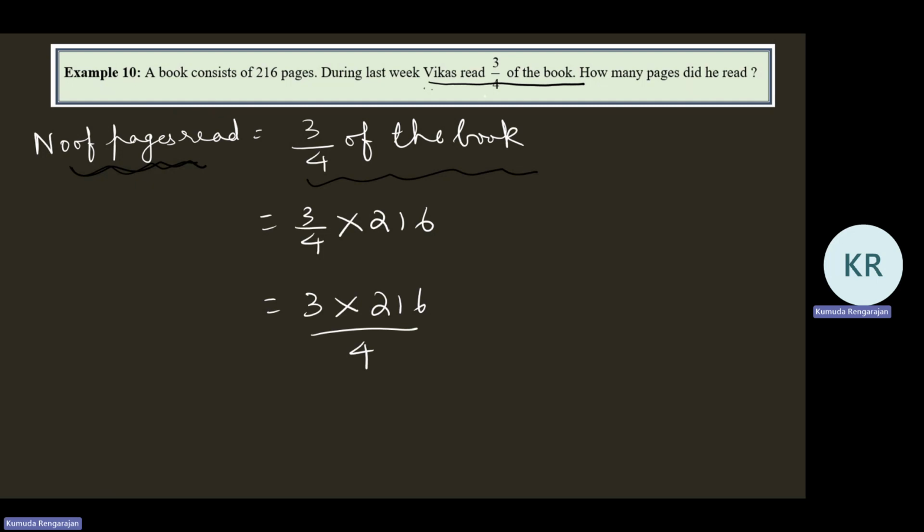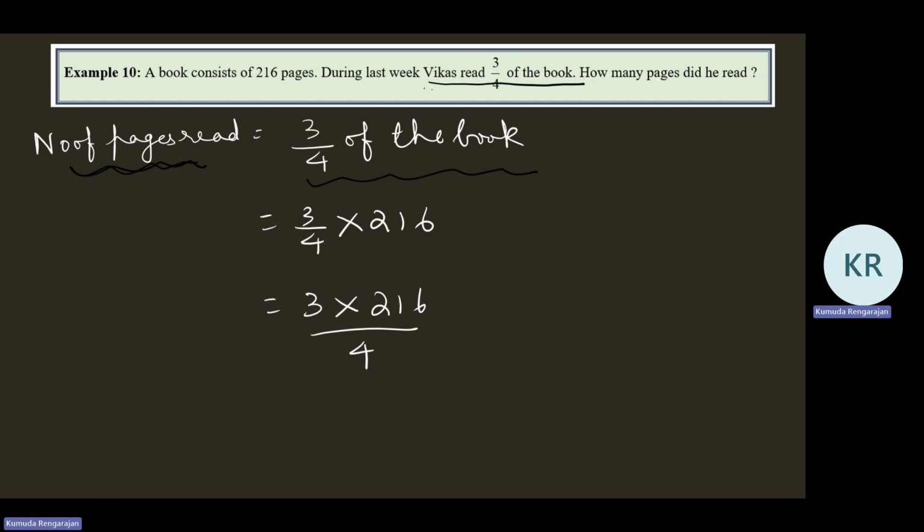It's given in the question itself, 3/4 of the book. 3/4 of the book meaning 3/4 of means into, of the book. What should you substitute for that? The total number of pages in the book, 216. Simplify and get the number of pages read. Now, number of pages not read will be 216 minus whatever he's read.